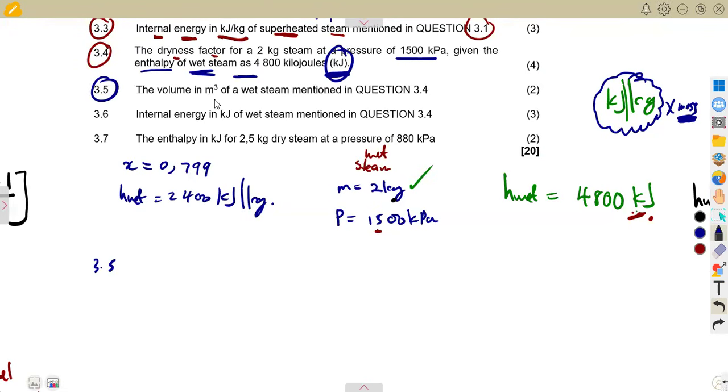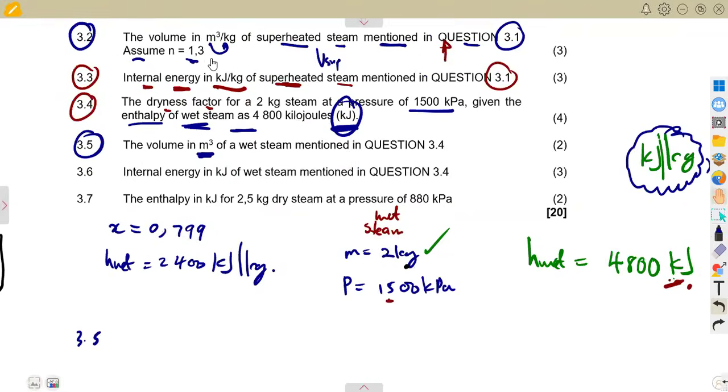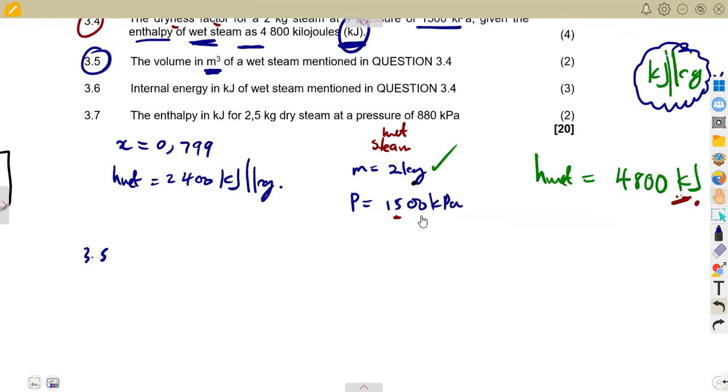The volume, take note, in cubic meters, not cubic meters per kilogram like the previous one. It was because the mass was not there. The moment that you involve the mass, it cancels those per this, per that. Is it per kilogram? Whatever you're given.